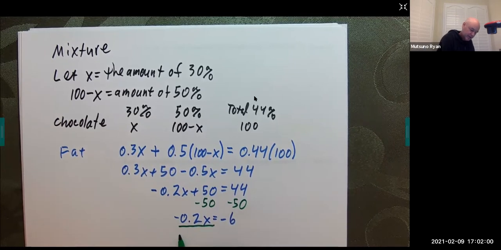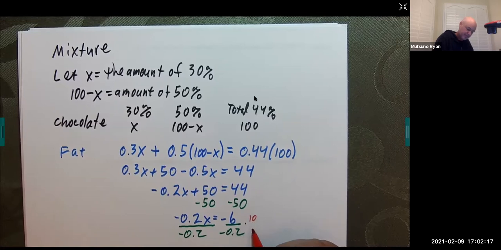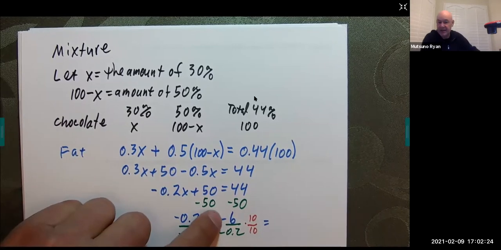Dividing by negative 0.2. Actually, what we could do is multiply the top and bottom both by 10. The negatives cancel.